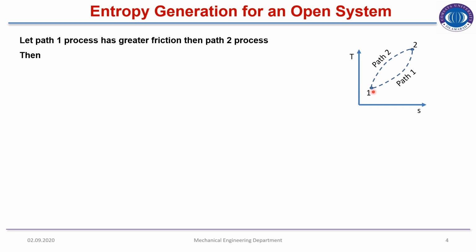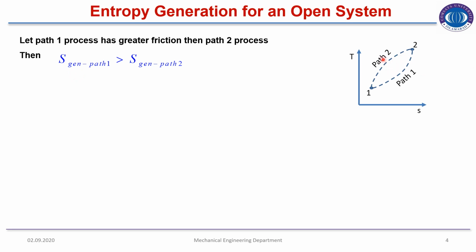Both processes go from state 1 to 2, but they have different paths. Let the path 1 process have greater friction than the path 2 process. So the frictional effect within the process changing from state 1 to 2 along path 1 is greater, whereas path 2 has less frictional effect or less irreversibility. So path 1 has greater irreversibility and path 2 has less irreversibility.